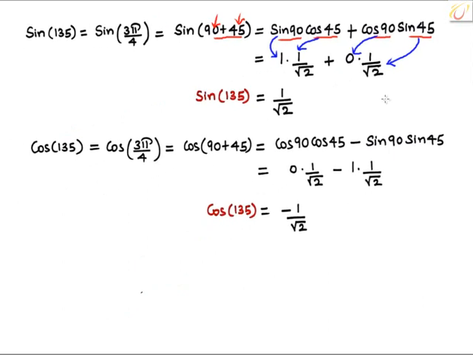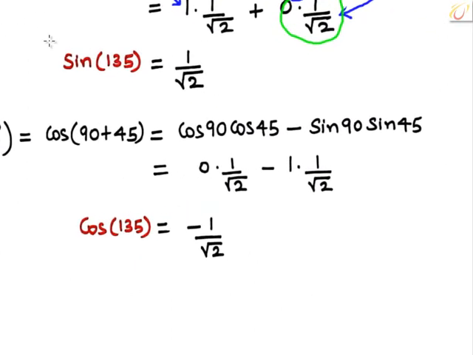This entire term, 0 multiplied by 1 upon root 2, here will turn out as 0. So what remains? 1 multiplied by 1 upon root 2. That means 1 upon root 2, which gives you sine 135 as 1 upon root 2.